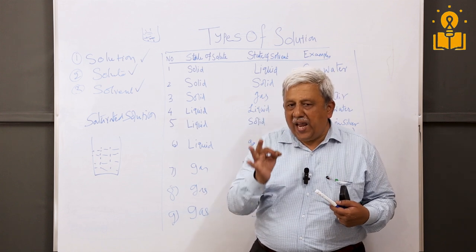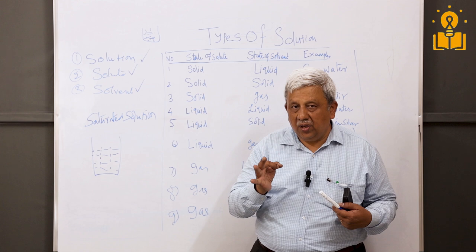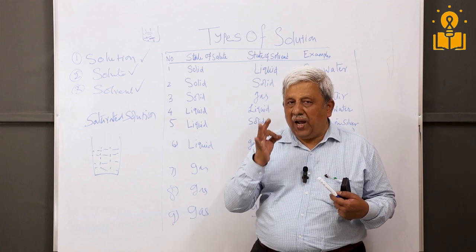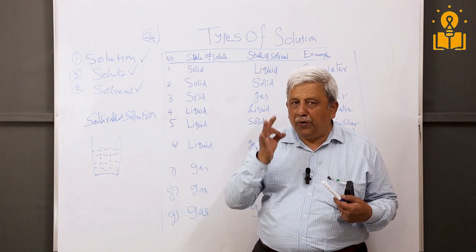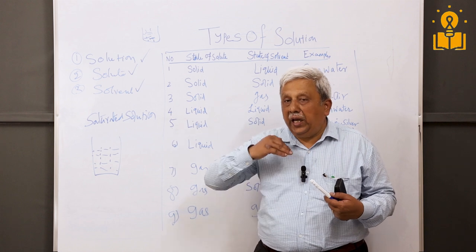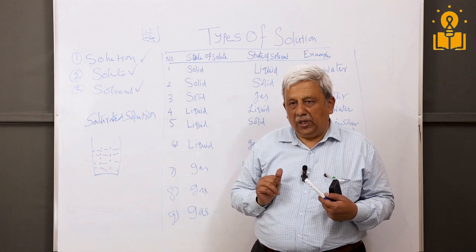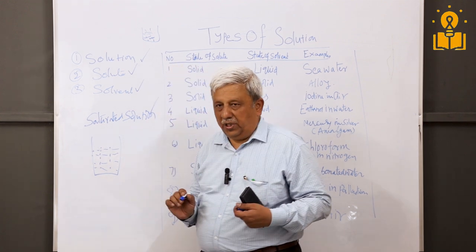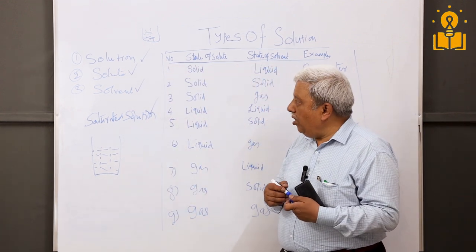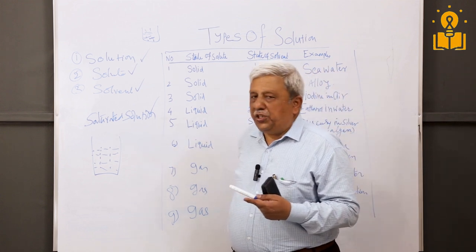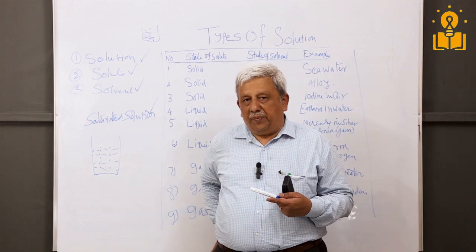It is the stage of the solution at which further addition of solute is not possible even if we heat or boil the water, and that is called a saturated solution.